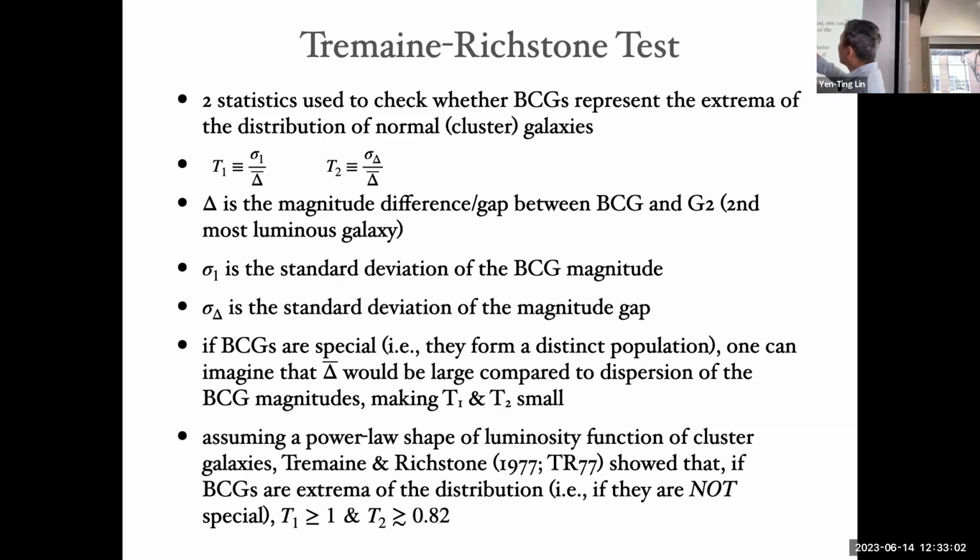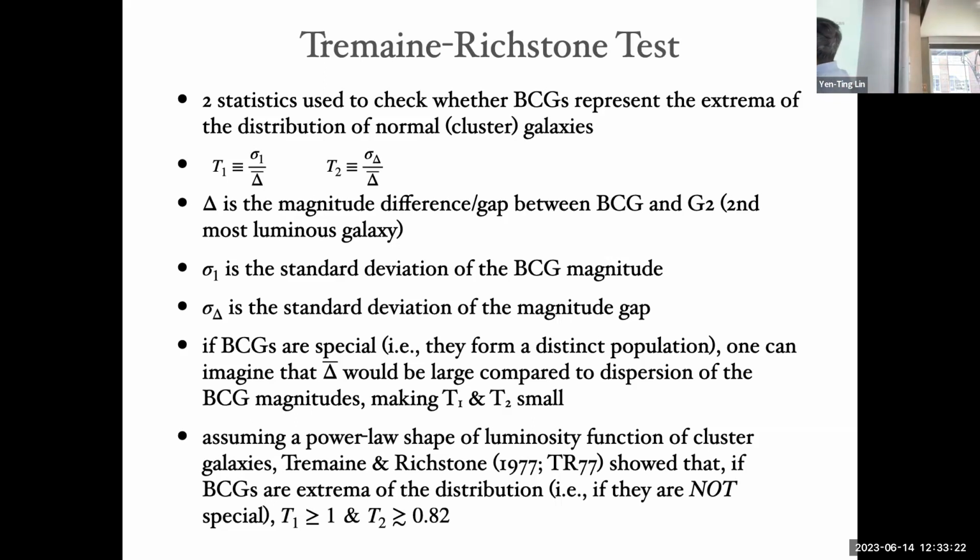The two statistics are shown here, where delta is the magnitude gap between the BCG and G2, the second most luminous galaxy, and sigma 1 and sigma delta represent the standard deviation of the BCG magnitude and the magnitude gap respectively.